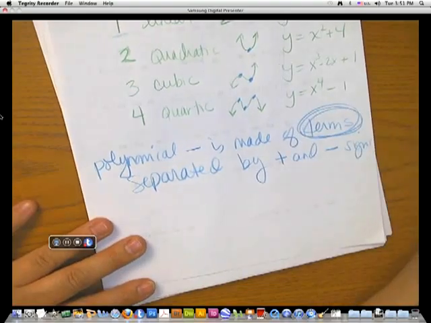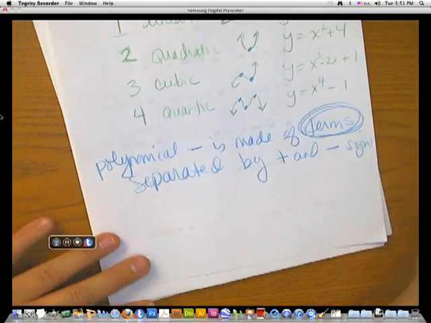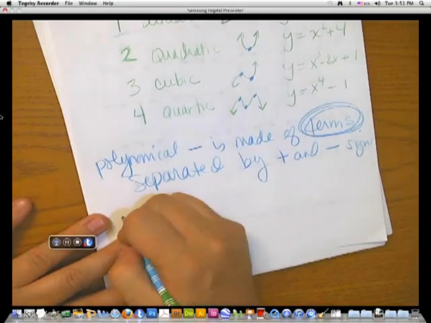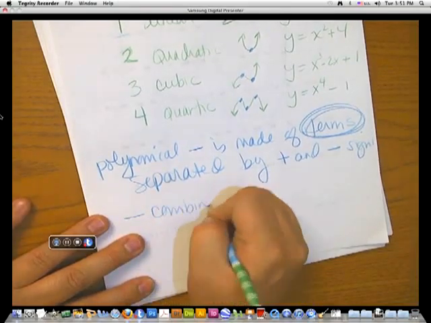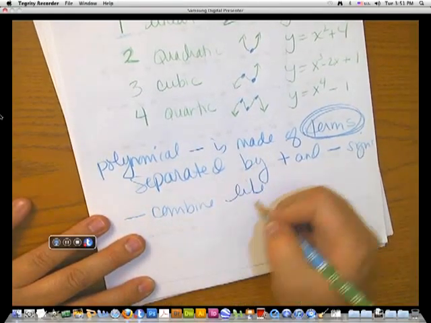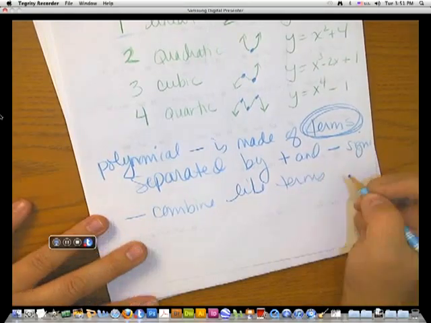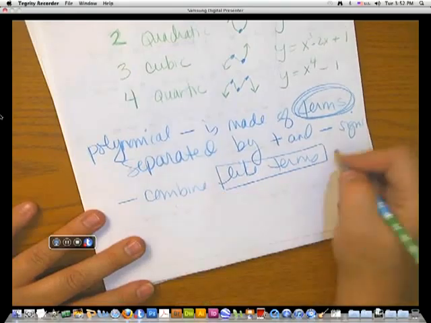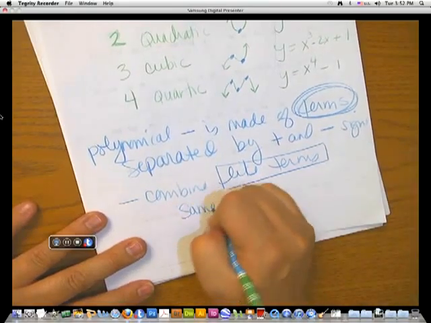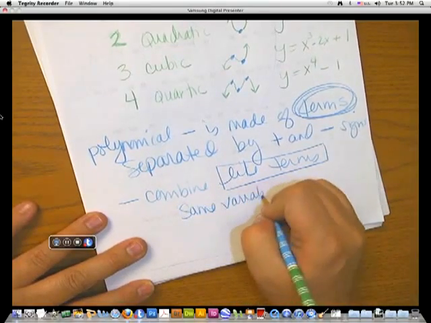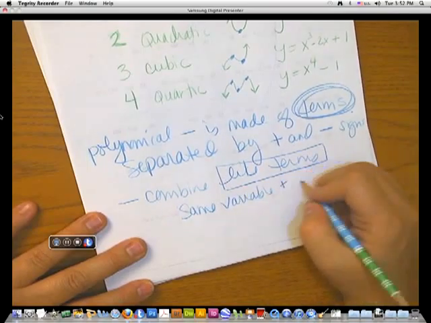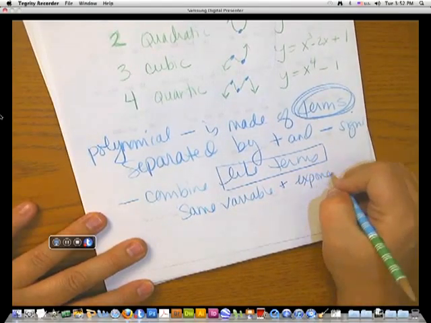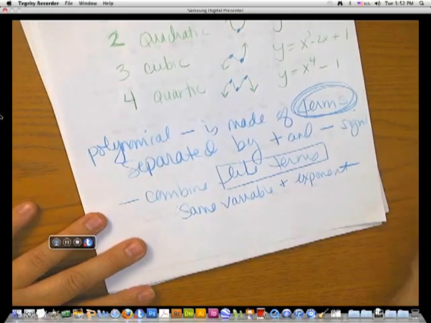We need to know how many terms there are in a polynomial, because what we want to do is combine like terms. And like terms means same variable and exponents.